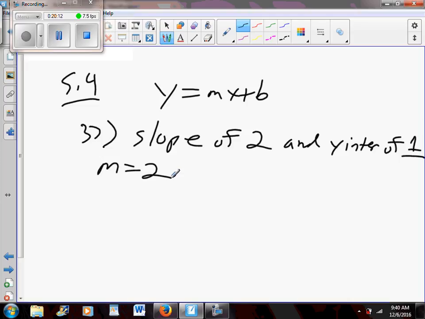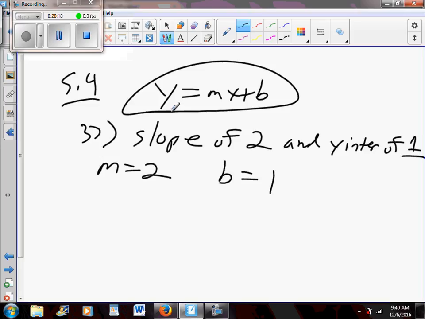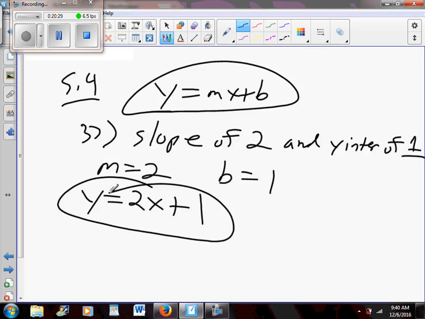What is b, the y-intercept? What's b going to be equal to here? 1. So if this is the slope-intercept form of a line, you just have to plug the slope and the y-intercept in there. This becomes... Oh, good. Good job. Yes, that was very straightforward.